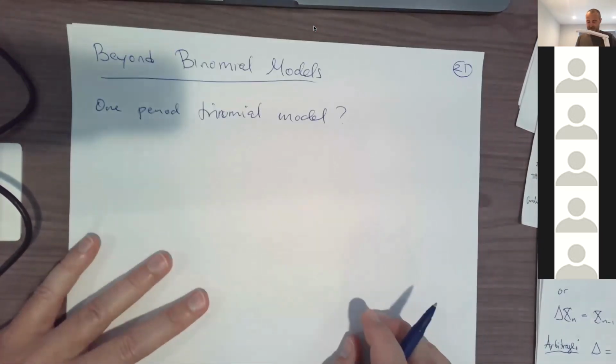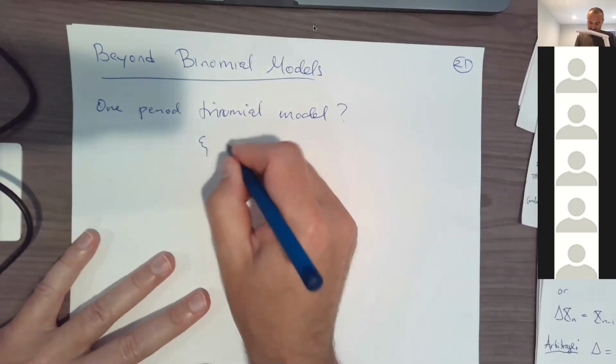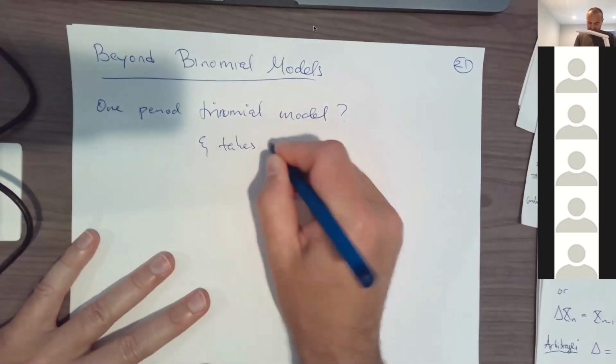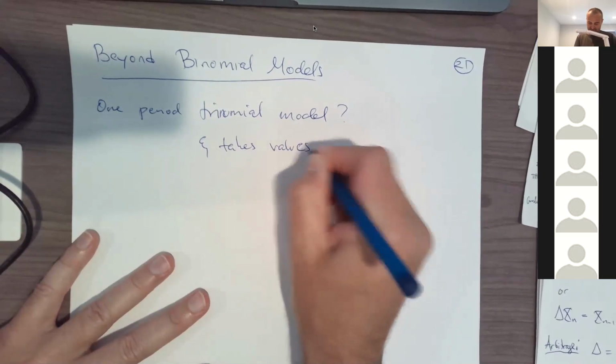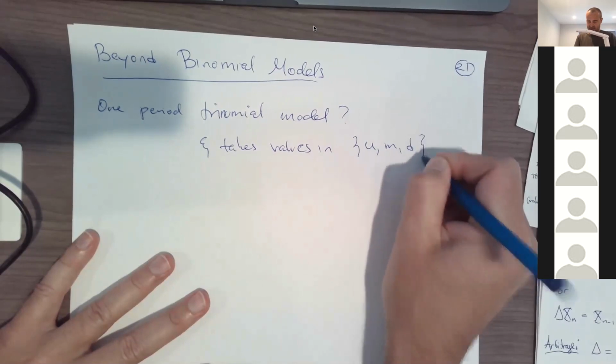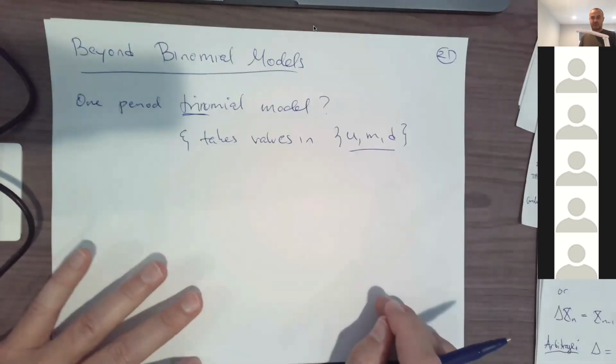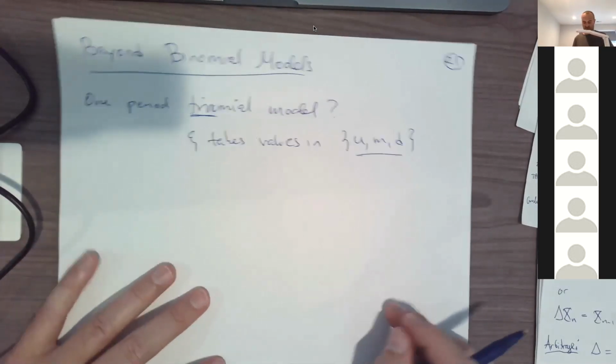Okay, so what changes is my psi. My psi now takes values in u, mid, down. The word tri comes from the fact that there are 3 possible values of the random variable psi.